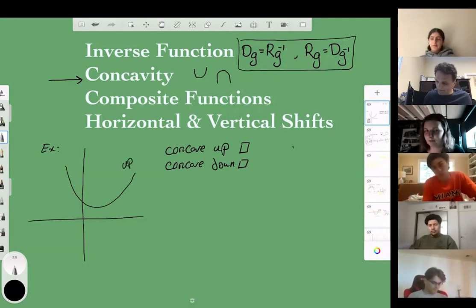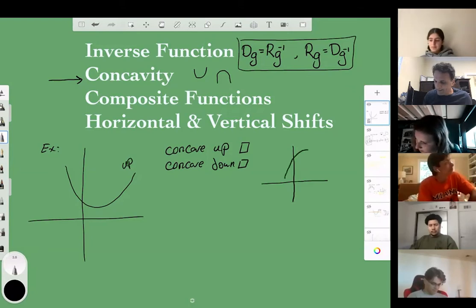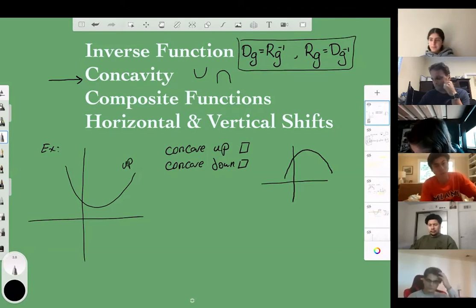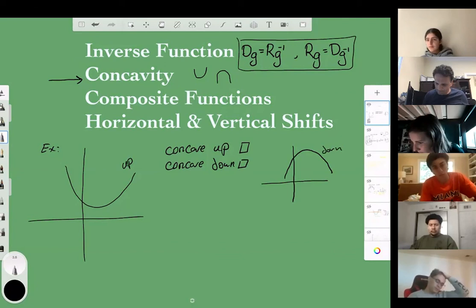Let's have another one. Is this concave up or down? Down. Very good. This goes down. Let's have another one.